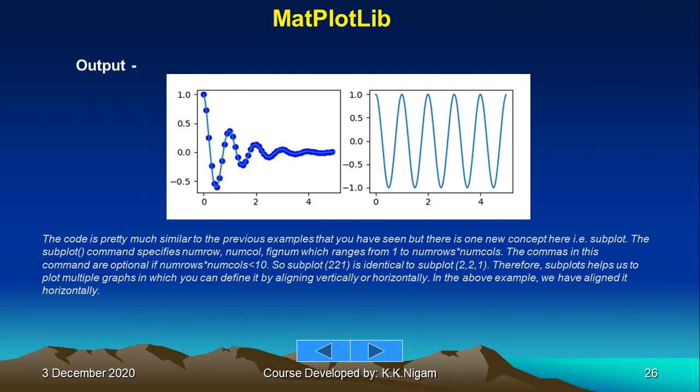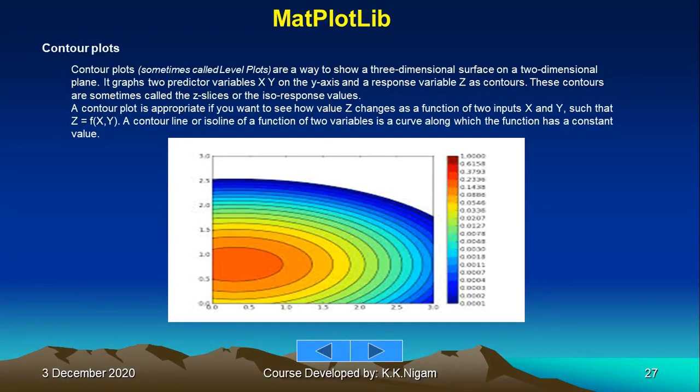Then the contour plots, sometimes called level plots, are a way to show a three-dimensional surface on a two-dimensional plane. Now that is the beauty of this kind of graph. It graphs two predictor variables x and y on the axes and a response variable z as contours.